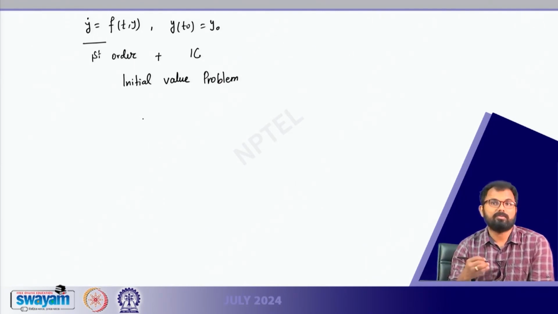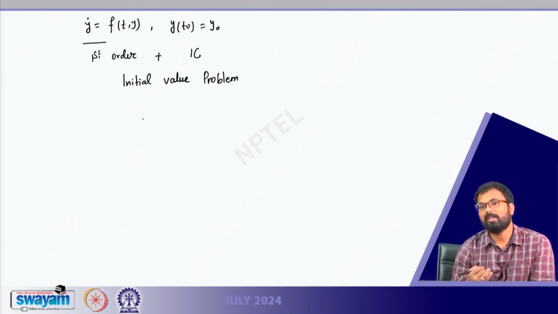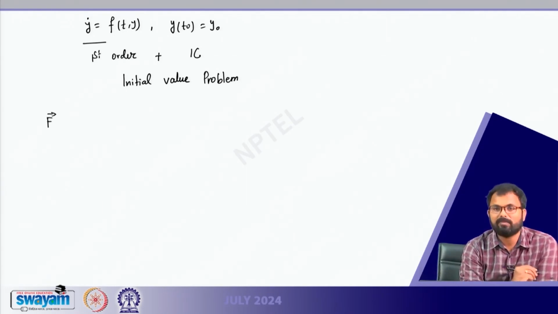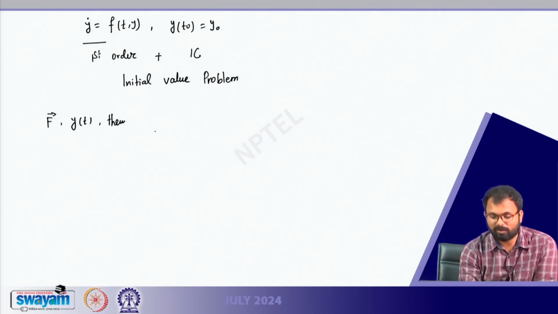Now imagine, you probably are aware of Newton's second law of motion. If I want to write down the equation of motion for a particle which experiences a force F, and the displacement of the particle is denoted by y(t), then for a unit mass the equation of motion will be given by d square y by dt square equals F, right.